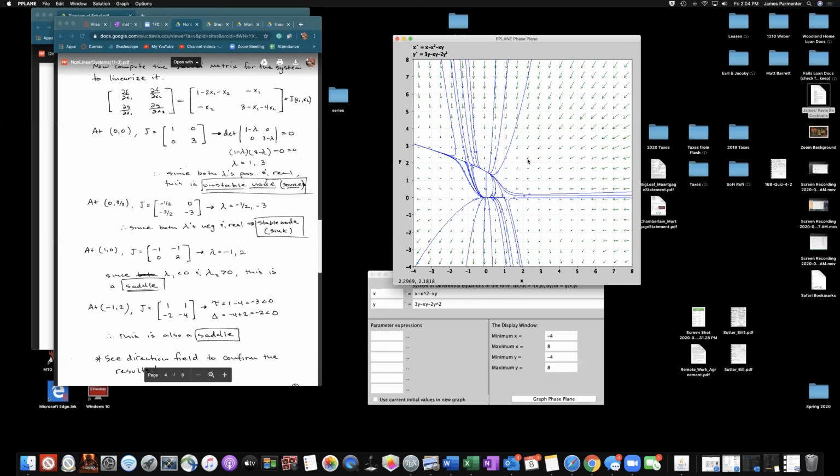And if you get pushed towards it, you're stable. So let me graph this again. We had a stable node here at 0, 3 halves, which is right about here. If I'm close to 0, 3 halves, I get pushed right towards it. Whereas 0, 0 was an unstable node. So if I'm close to 0, 0, but not close enough to it, I'm getting pushed away from it. So that's the difference there.